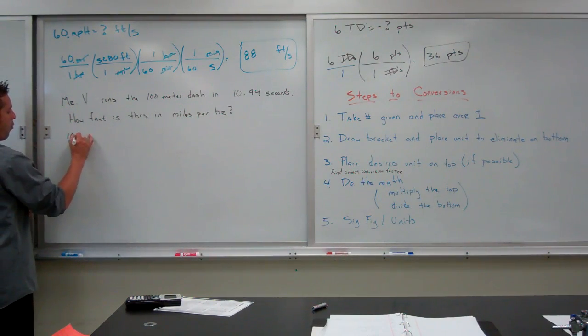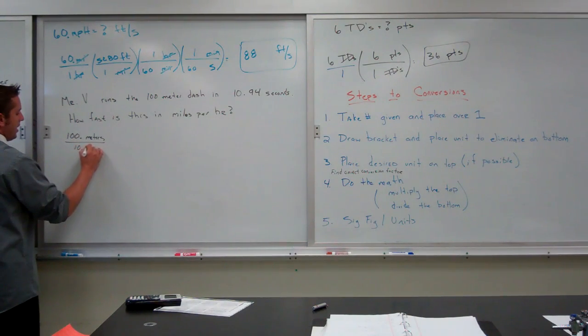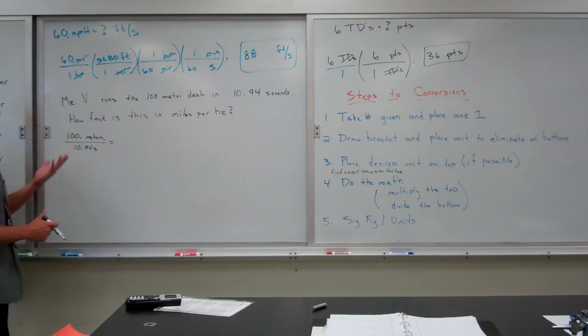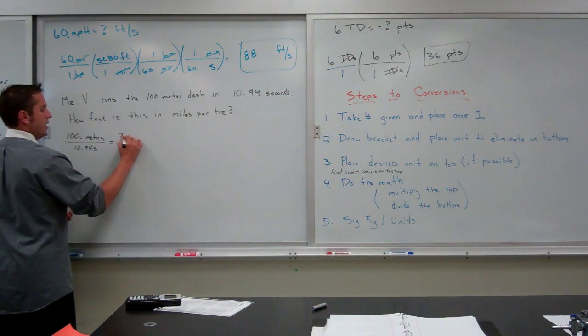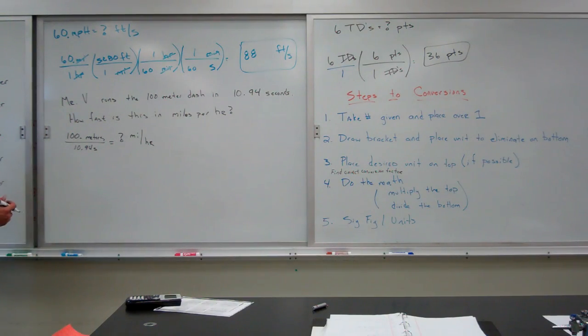So if I can run 100, which is an exact number, meters in 10.94 seconds, that is what I know. And the question is, what is that in miles per hour? So it shapes up to be a problem just like this.